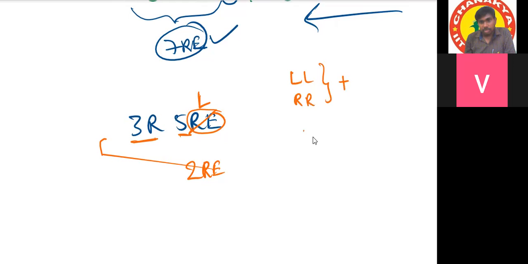If they are opposite polarity, if it is a left and right, then subtraction. And in case of addition, both left will take left only, both right will take right only for the resultant number. But if it is a left and right combination for the resultant number, which direction we have to consider? Sir, which has the bigger value. Bigger direction. Okay.